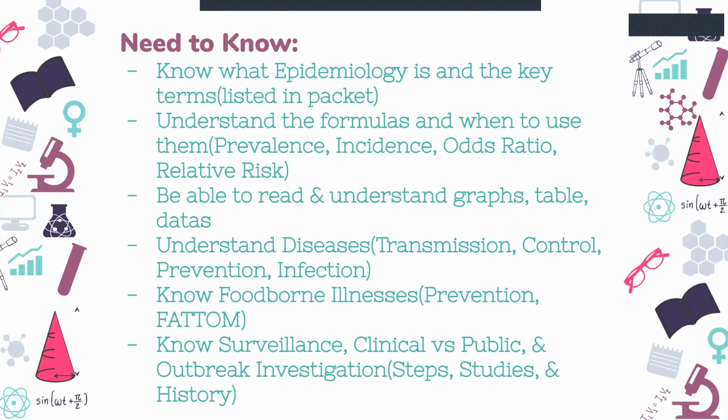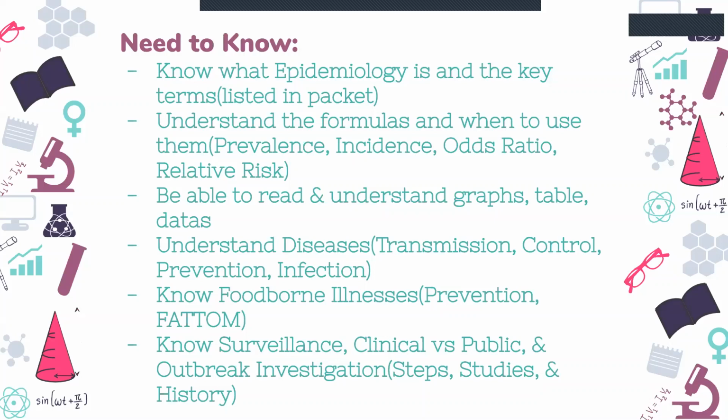For outbreak investigation, it mainly talks about clinical versus public investigations. Make sure you understand what the focus of clinical and public is and what it's centered around. Clinical focuses on individuals and it tests and diagnoses, and public focuses on populations and it controls and prevents.